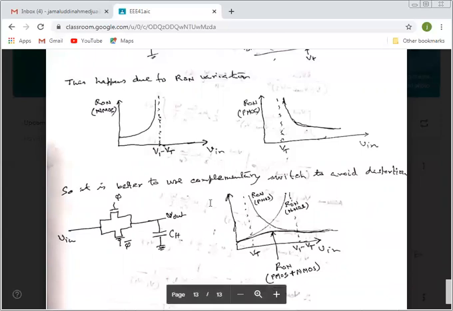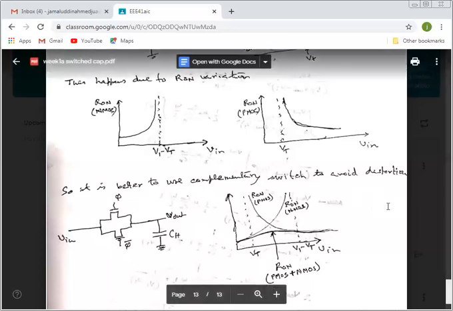So this way we can use a complementary switch like this. But the problem is that if I need 3 switches, I need 6 transistors, as well as for each one we need a dummy transistor. So 4 transistors combined make 1 switch. So it's more expensive but more accurate.